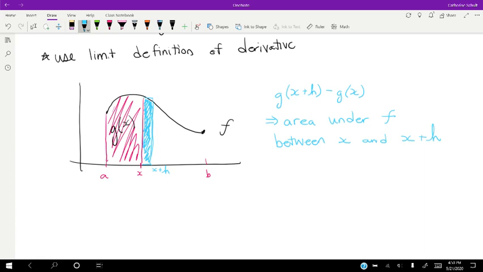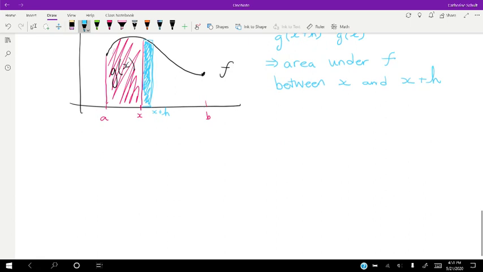So if we have a small h, we can approximate it using that big rectangle, right? The larger rectangle right here. So for a small h, we know how area under a curve works. We can start by estimating the area under a curve by using lots of rectangles. So let's do that. Let's create a small h.